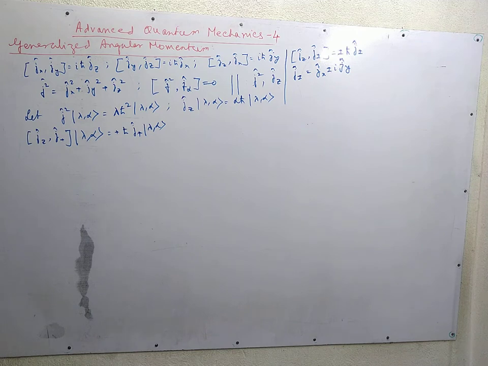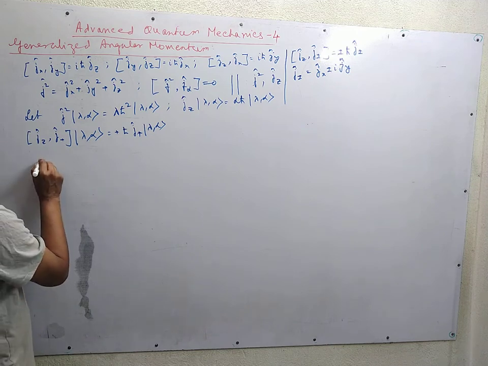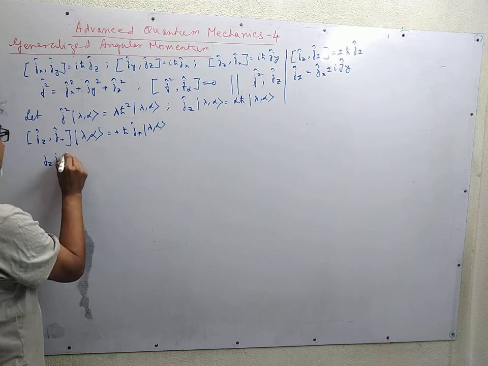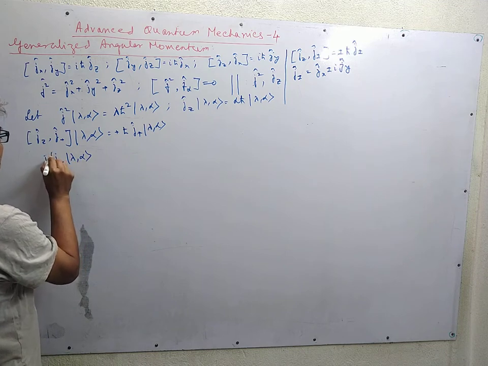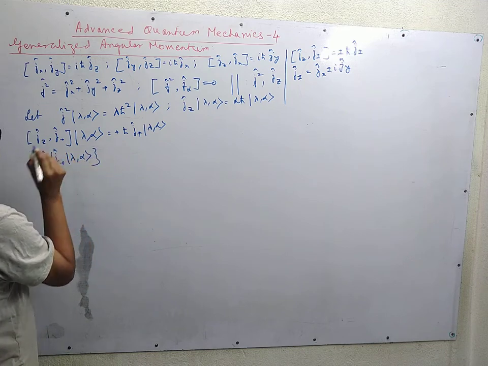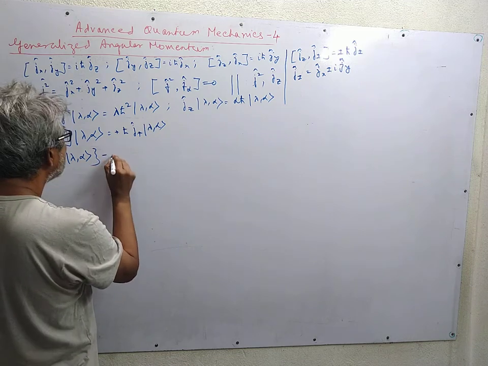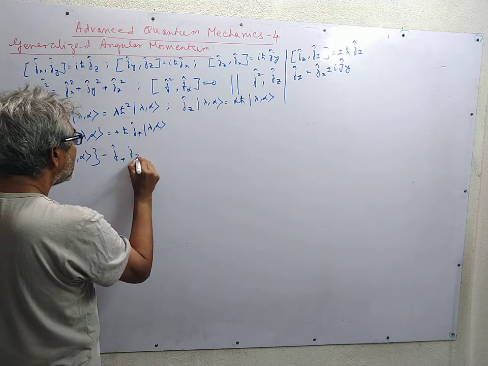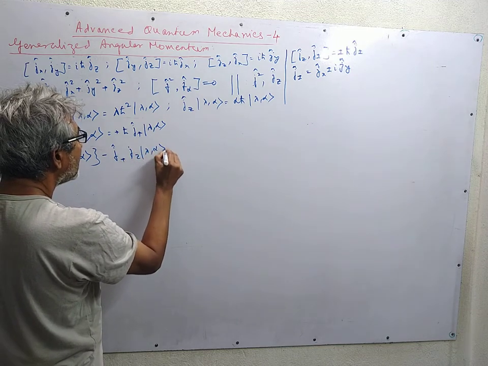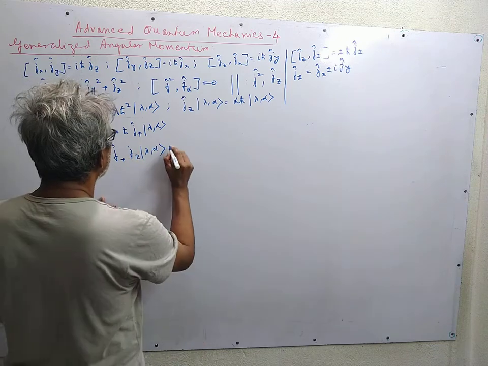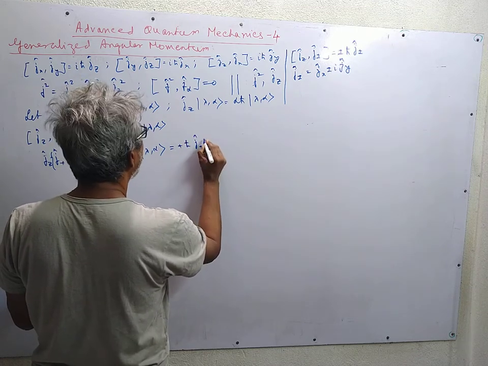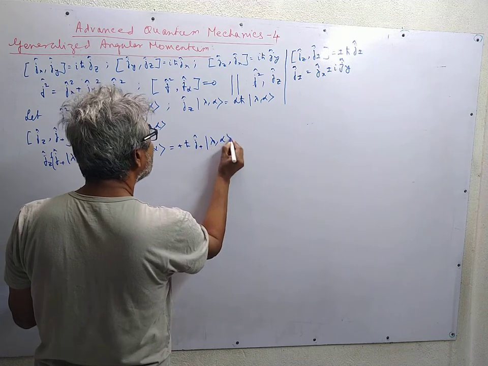If we unfold the left hand side, we get Jz J+ operating on |λ α⟩, then minus J+ Jz operating on |λ α⟩, and on the right hand side we have plus ħ J+ operating on |λ α⟩.